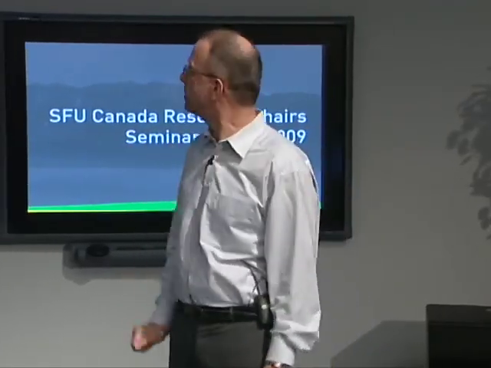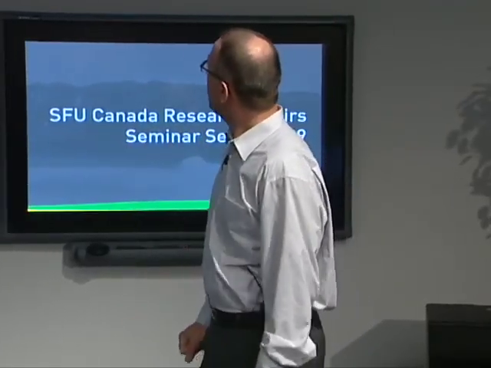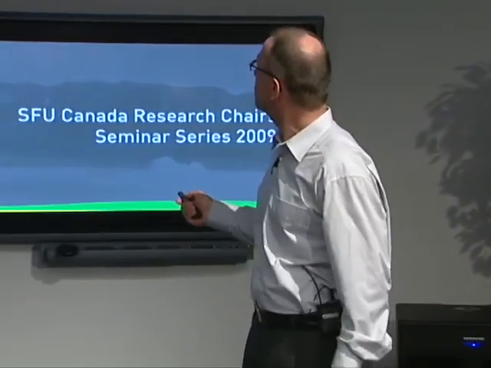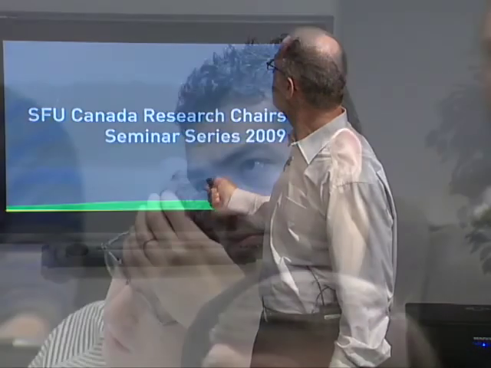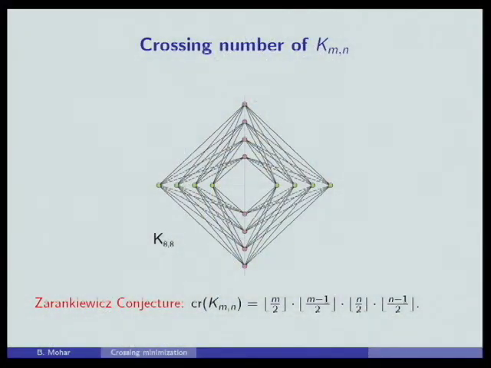And this is conjectured to be true for every m and n. If you count the number of crossings, you come to this handy formula: floor(m/2) times floor((m-1)/2) times floor(n/2) times floor((n-1)/2). These are just integer parts, so forget about it if you're not familiar with the notation. So it's roughly m squared over 4 times n squared over 4. That's the number of crossings in such a picture.